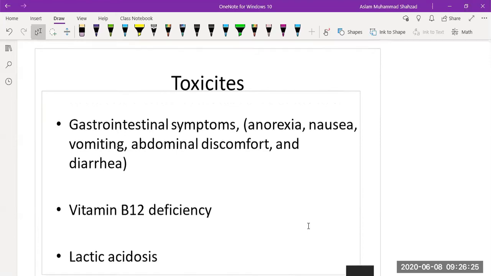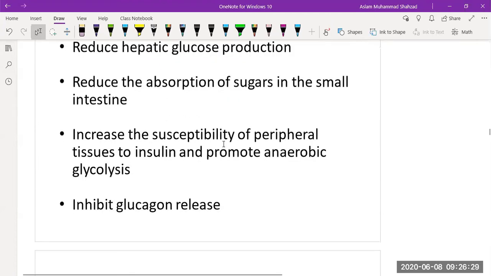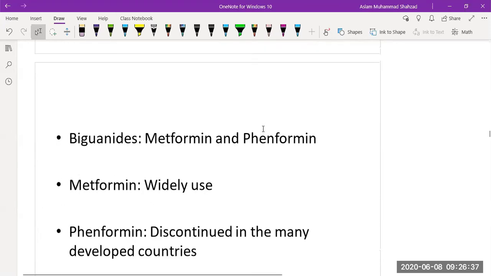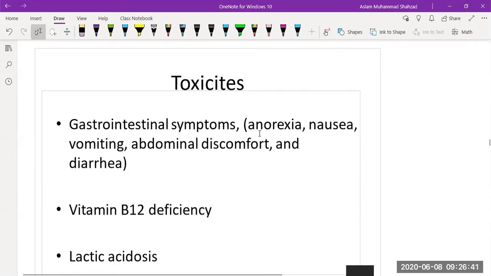We mentioned in the introduction that it increases susceptibility of peripheral tissues to insulin and promotes anaerobic glycolysis, and they reduce the absorption of sugar in the small intestine. So their action on the small intestine is responsible for that abdominal discomfort, and that is why they cause nausea, vomiting, and diarrhea. So when you need to memorize things, you need to correlate the mechanism with the effects. That's the key thing to memorize pharmacology.